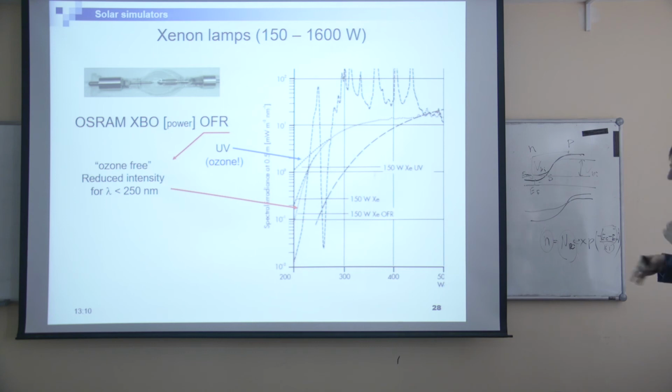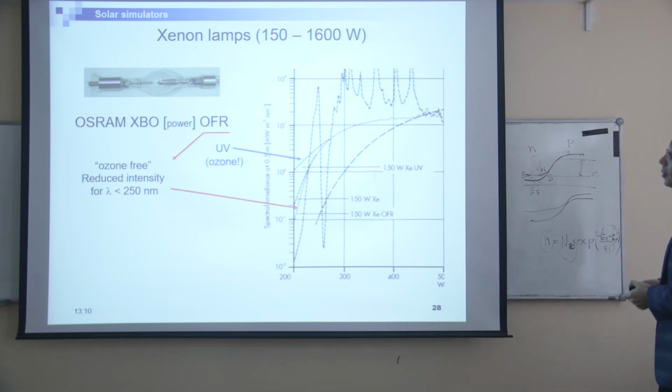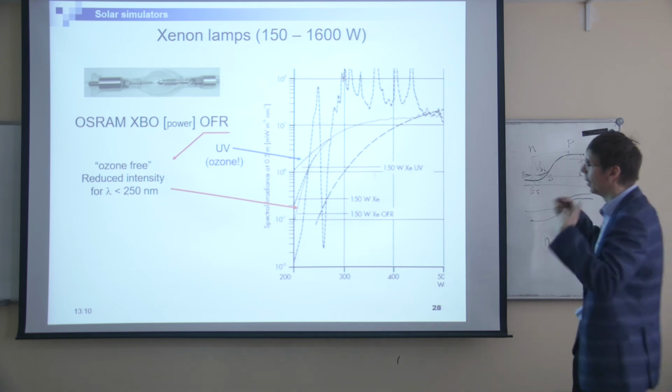I would say the best source of light is a xenon lamp. If you want to order a lamp for the simulator, you have some options, because solar simulators are produced not only for photovoltaics but also for some biological or agricultural uses, and there is an option to get a high intensity of UV light.